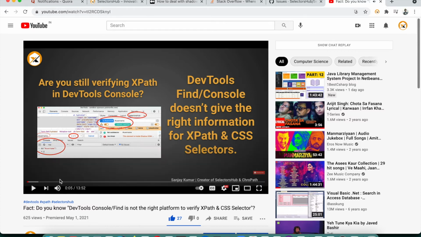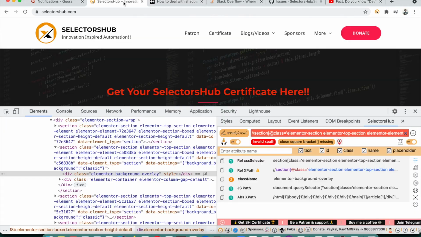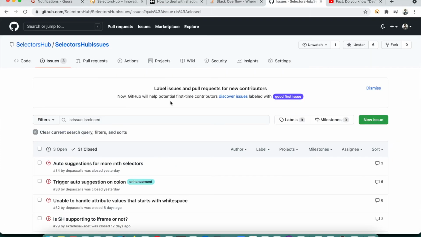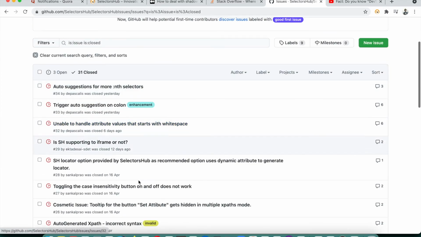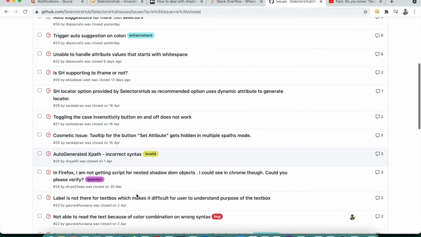From this tutorial you can learn the right concepts of writing and verifying XPath. So basically, multiple ways, like you can start testing SelectorsHub. You can raise issues, like here you can find the people who are supporting SelectorsHub, who are contributing to SelectorsHub.